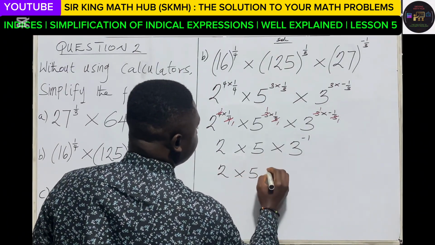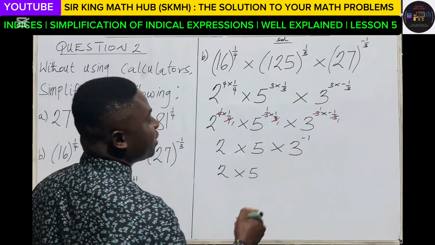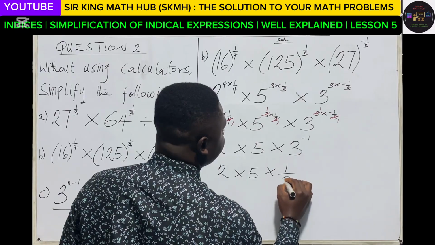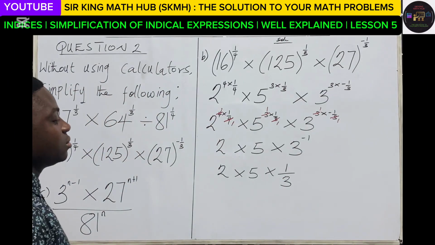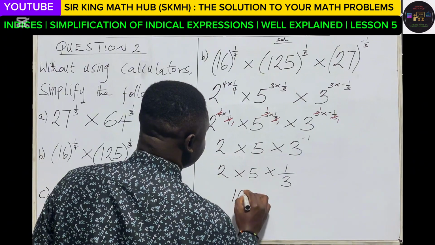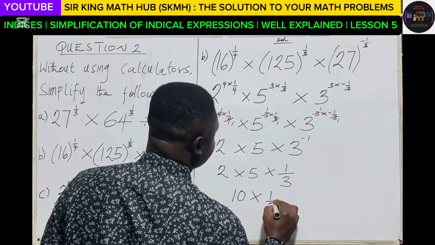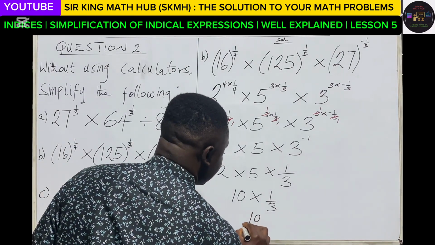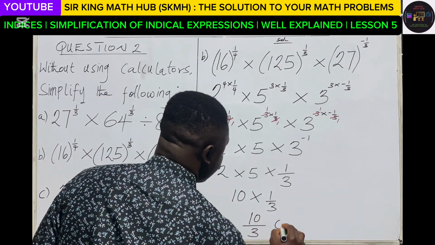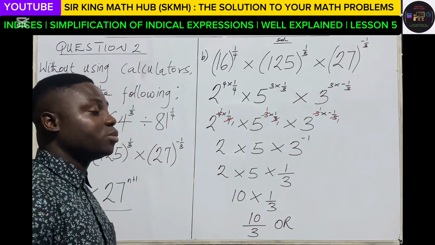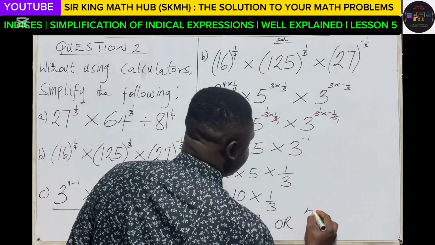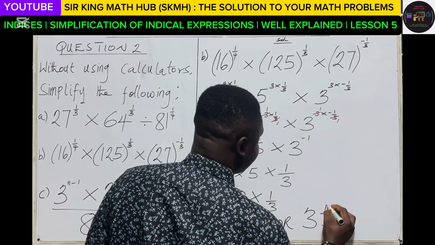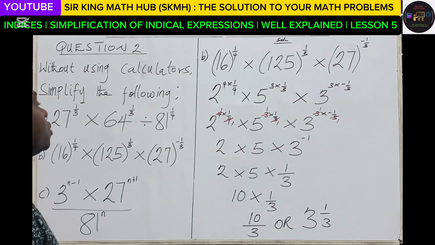Remember, 3 exponent negative 1 can be written as 1 out of 3. So 2 times 5, that is 10, multiplying 1 out of 3, and this is 10 out of 3. Or we can also convert it to a mixed fraction, that is 3 whole number 1 out of 3.